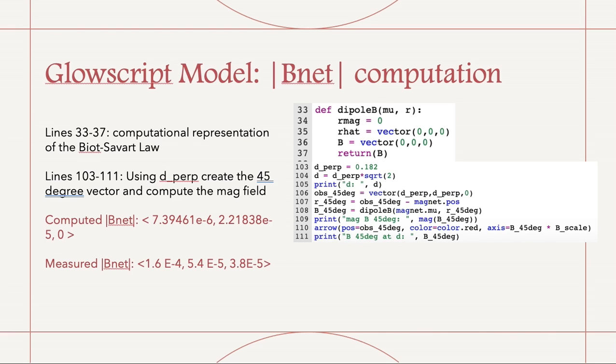We see from this that we get a pretty different value than the measured, which was 1.6 times 10 to the negative 4 teslas in the x direction, 5.4 times 10 to the negative 5 in the y, and 3.8 times 10 to the negative 5 in the z. Whereas the computed from Python and GlowScript is 7.39 times 10 to the negative 6 in the x, 2.21 times 10 to the negative 5 in the y, and 0 in the z directions.